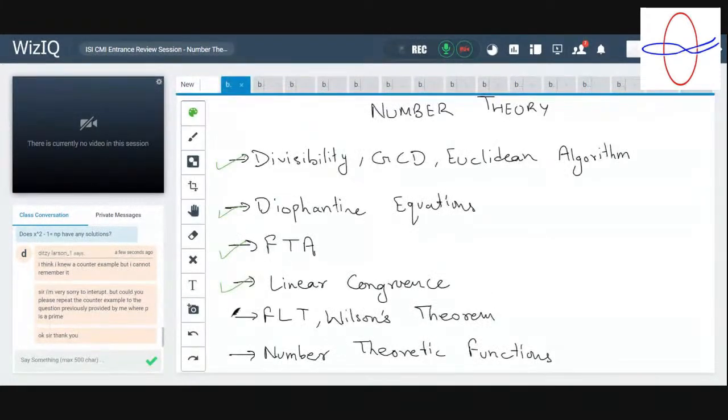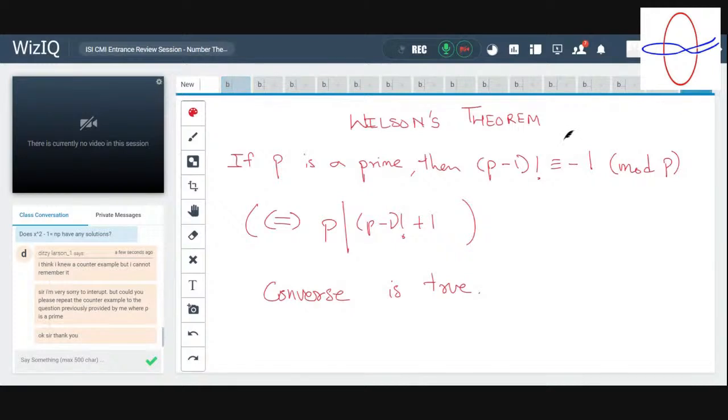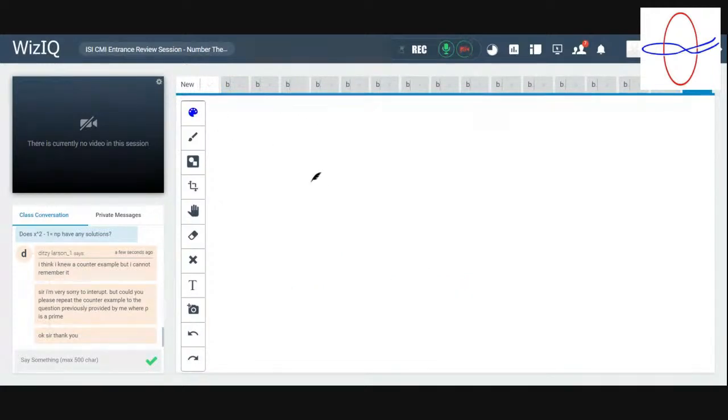Okay, that covers these. So now just the number theoretic functions left to look at. So there are three that we'll be looking at.